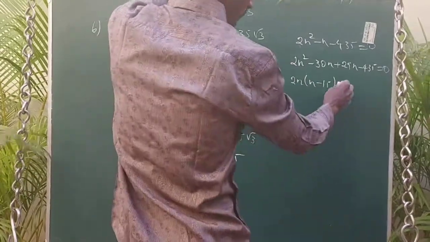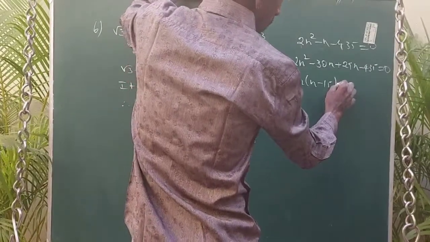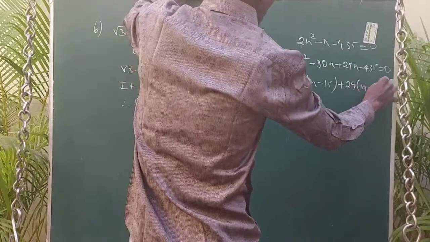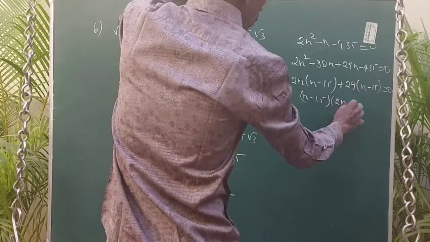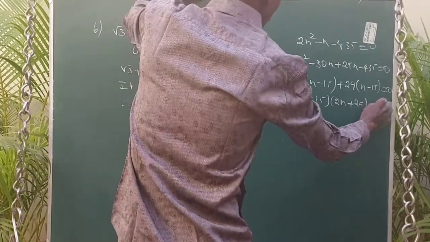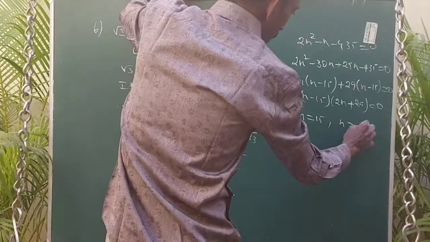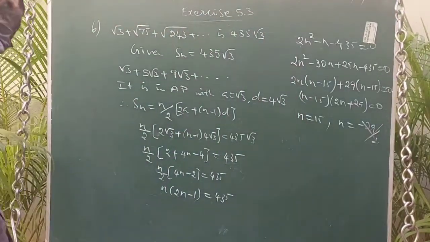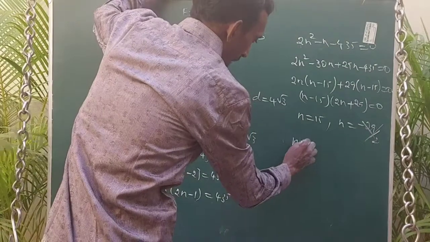Then if we take 29 common, again we are getting n minus 15 equal to 0. So n minus 15 into 2n plus 29 equal to 0. n equal to 15 or n equal to minus 29 by 2, which is not possible. So n equal to 15, that is the suitable answer.